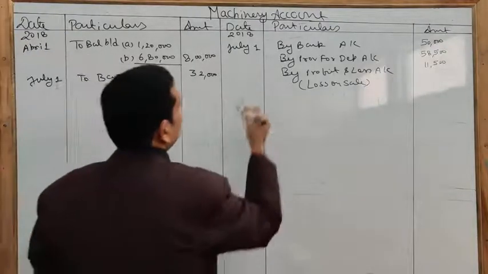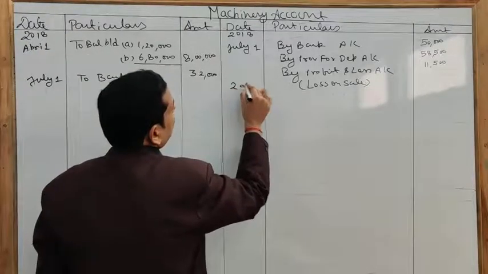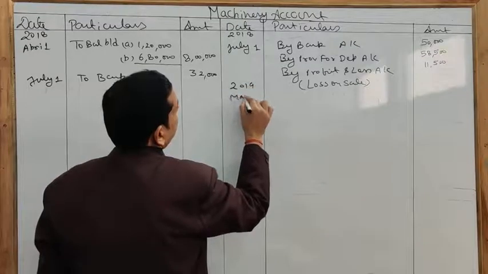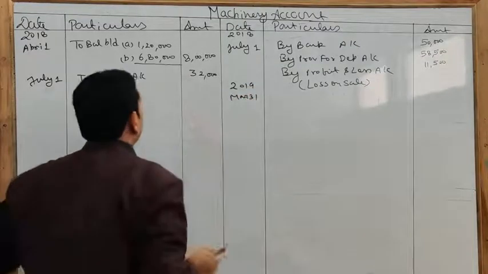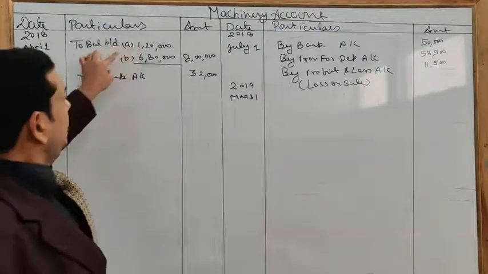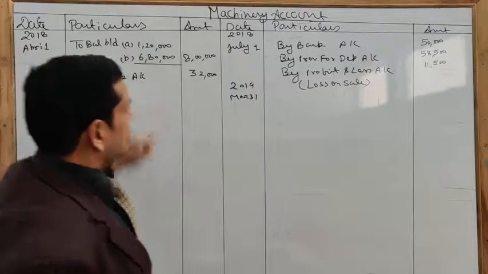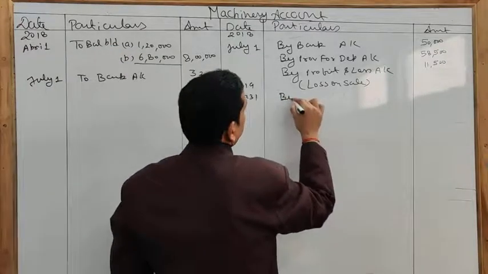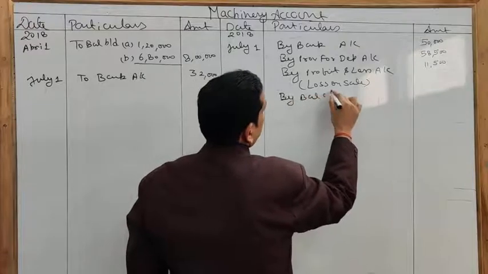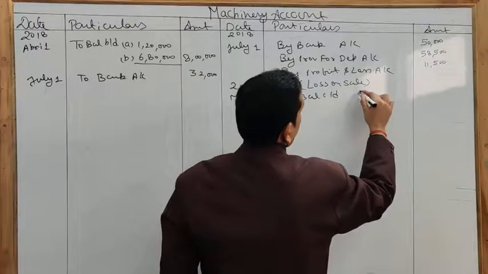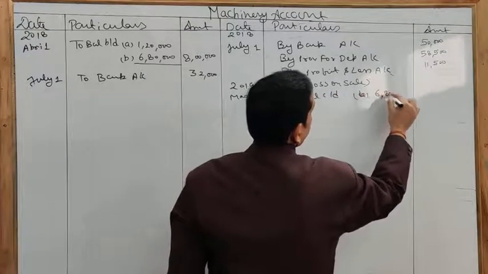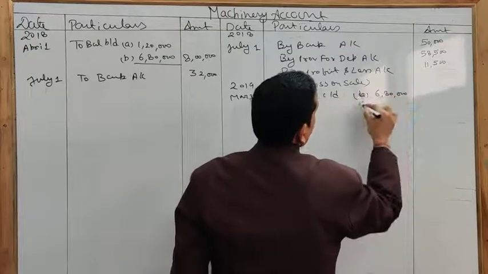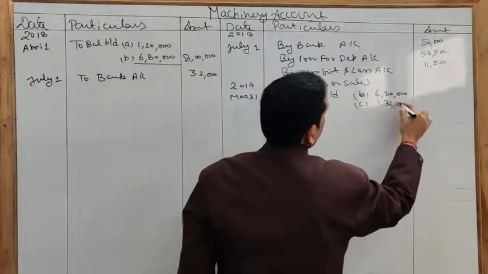Now we have to balance this machinery account at the year end. So 2019 March 31st. Now we are having two machines. A is sold, B, and this purchase C. So by Balance c/d, B 6,80,000 and C 32,000.